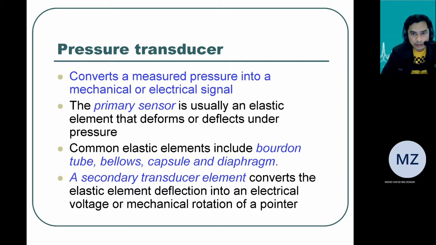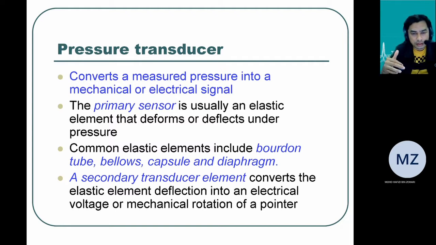The primary sensor in a pressure transducer uses the elastic element. This is the part that makes the first contact between the transducer and the physical signal that we want to measure, which is the measurand.